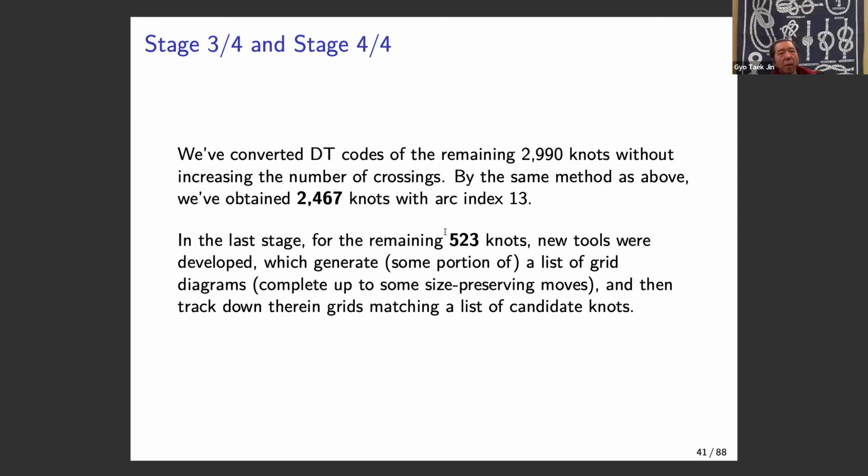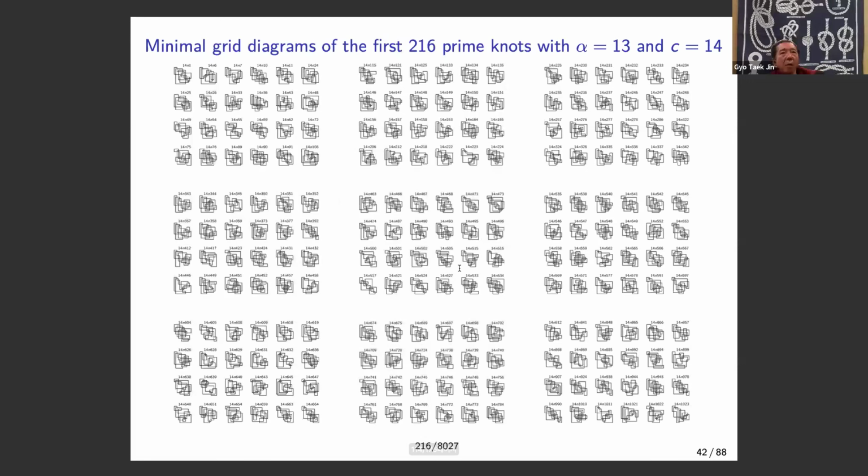And then for these we generated grid diagrams of size 13, and then we tested whether they are of one of these knots, and then we successfully found all the remaining ones as arc index 13. So here you have the first 216 prime knots with arc index 13 and crossing number 14.